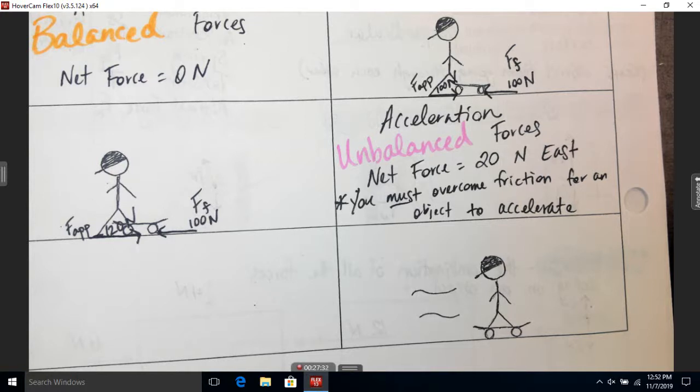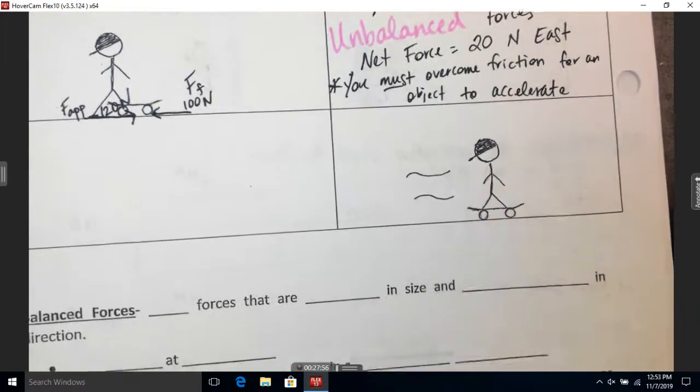Now push a little harder, till your hand can actually accelerate. Once your hand accelerates, then you have overcome the friction that was holding it in place. Does that make sense? So that's for anything to move. The first thing that has to happen is you have to have a force that's greater than the friction holding it there. Okay?